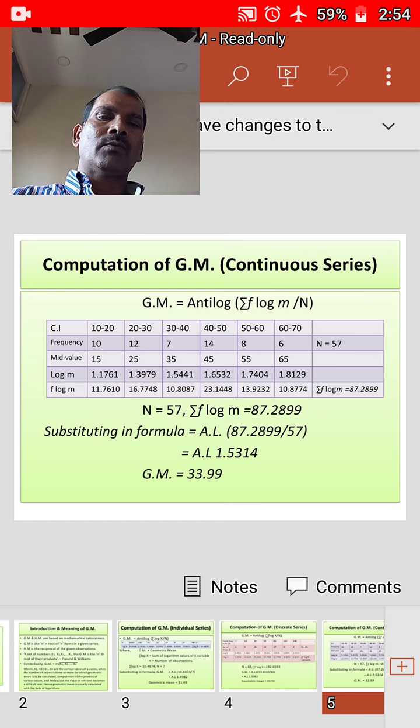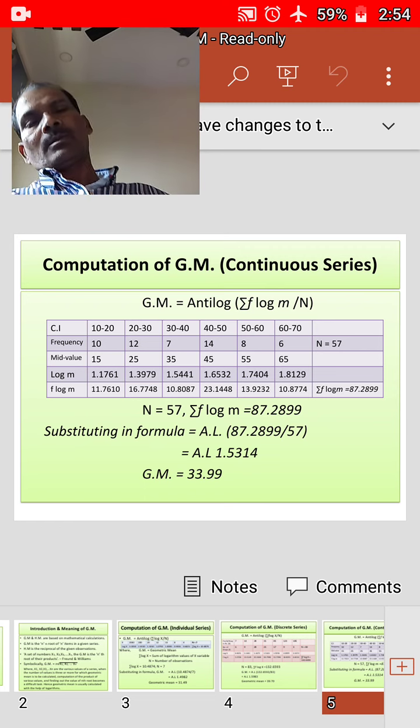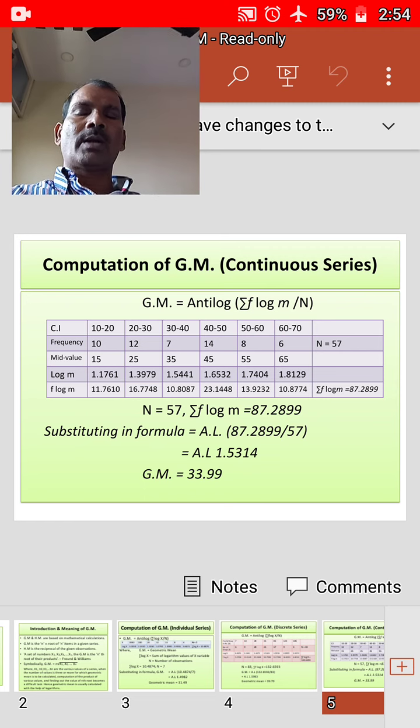Now we need to find the mid values. In order to find the mid value, we add the lower and upper limits of the corresponding class and divide by 2. For the first class 10-20, we have 10 plus 20 is 30, 30 by 2 is 15. 20 plus 30, second class, is 50 by 2, 25. 30 plus 40 is 70, 70 by 2 is 35, third class mid value.